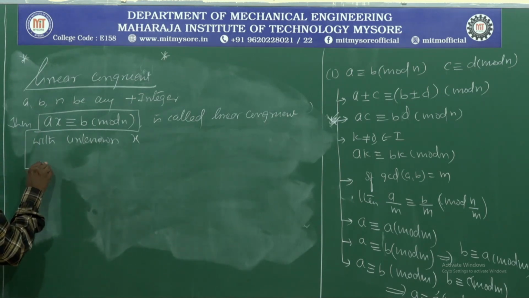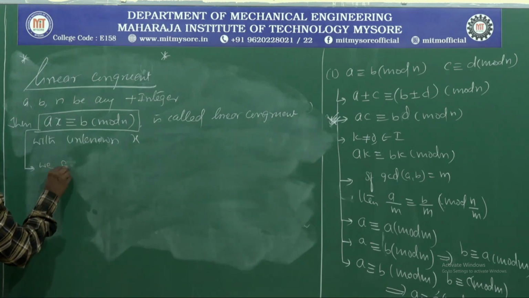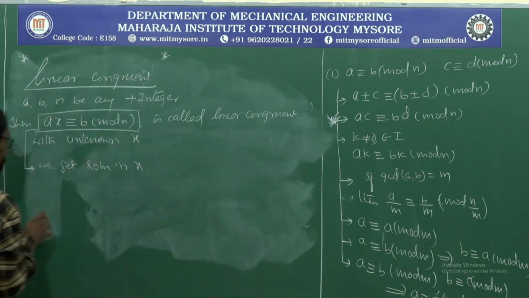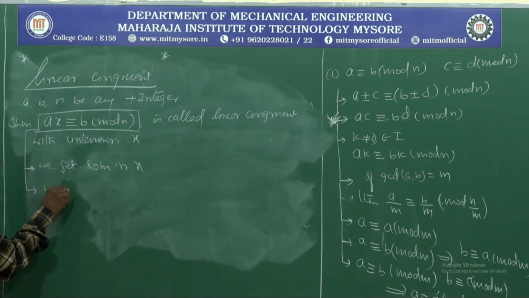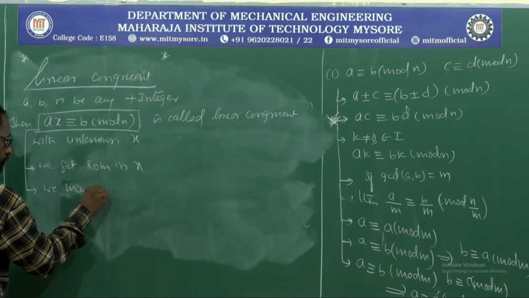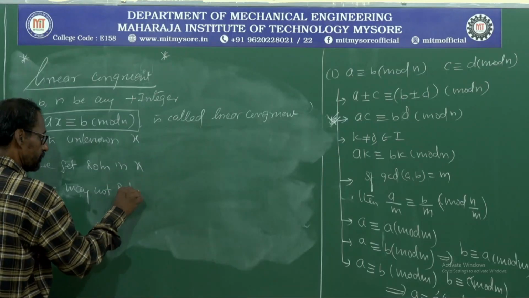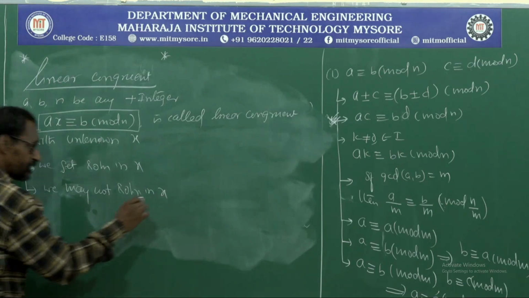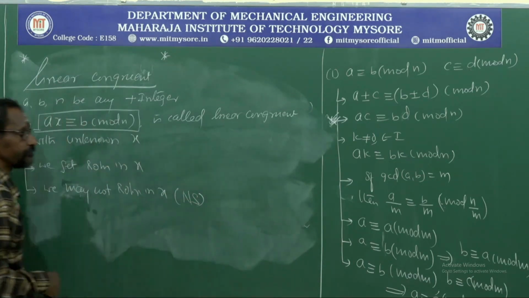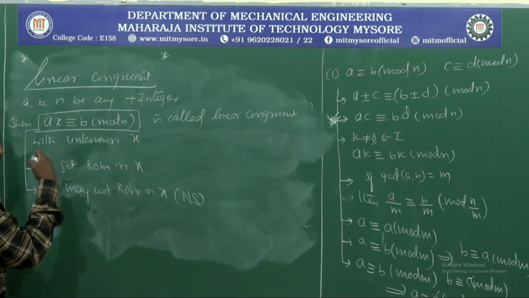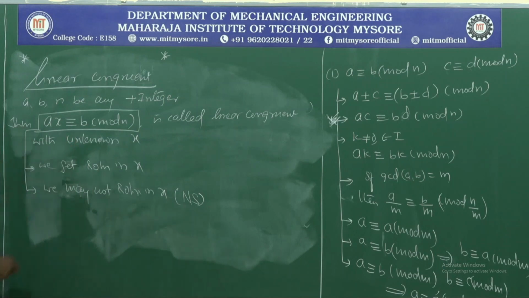One is we get a solution in x. The second one, we may not get a solution in x. That is basically what we call no solution. Now I will discuss the no solution case. There is only one particular case. Then I go with the possible existence of solutions in the case of linear congruence.